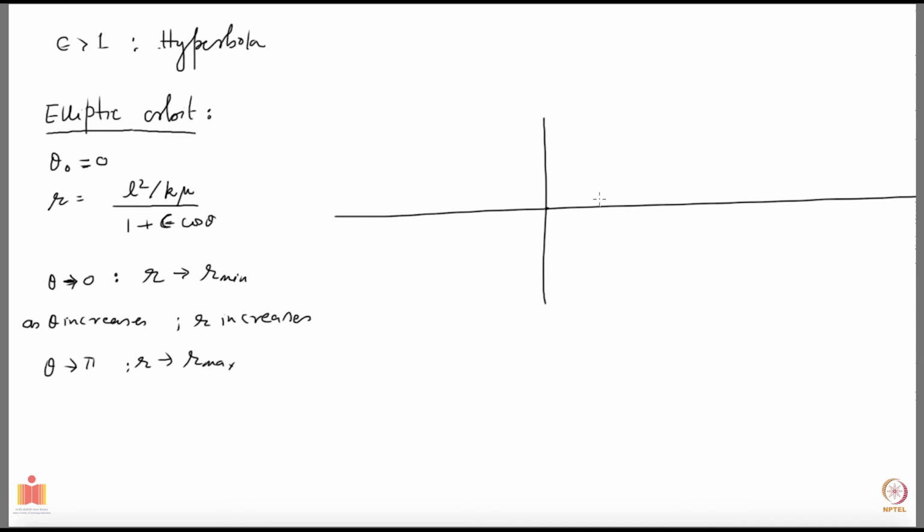For theta equal to 0, you should have R equal to R minimum, so let's say here somewhere, and then at theta equal to pi you should have R equal to R maximum, so something of this sort. So the origin is not at the center, that's what I wanted to say. This is the place where your origin is. That's the focus point. Okay, so that's all for now, and we'll continue later in the next class.